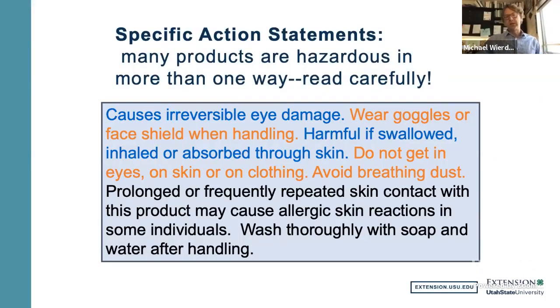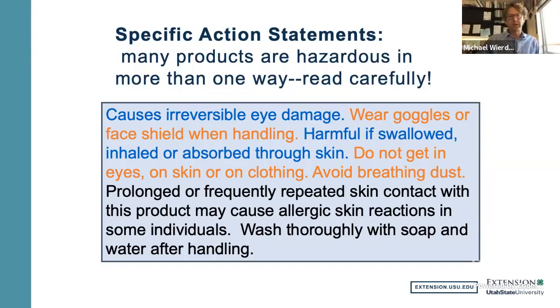Read the specific action statements carefully. Many products have more than one hazard. The specific action statement identifies the hazard and the action to minimize the potential of the hazard. For example, this product causes irreversible eye damage, is identified as the hazard.